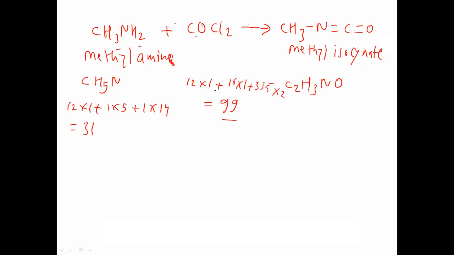If you add them together: 1 carbon is 12, 1 oxygen is 16, and 2 chlorines, 2 into 35.5, altogether 99. Now methyl isocyanate: I have 2 carbons, 12 into 2, plus 3 hydrogens, 1 into 3, plus 1 nitrogen, 14, plus 1 oxygen, 16.